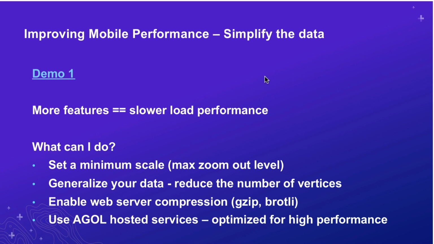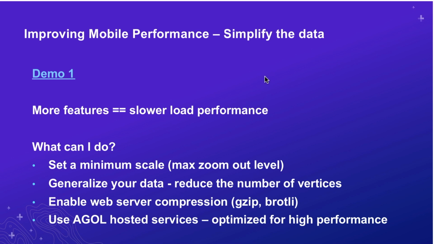So minimizing the number of features and within those, the number of vertices is the right way to go to simplify your data to get the best performance. So you can generalize and reduce the number of vertices. You can set the max zoom out level.